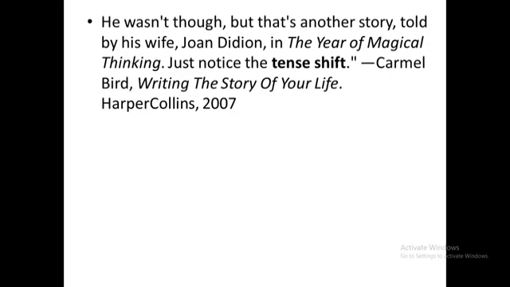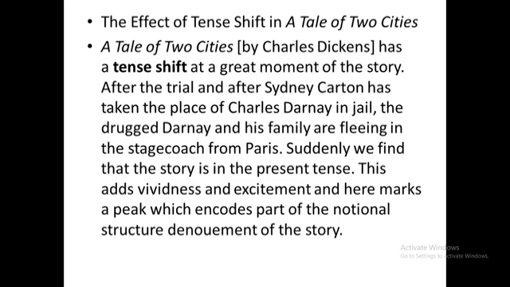So these are some examples. The effect of tense shift in A Tale of Two Cities. A Tale of Two Cities, as you all know, by Charles Dickens, is very important for your learning. It has a tense shift at a great moment of the story.